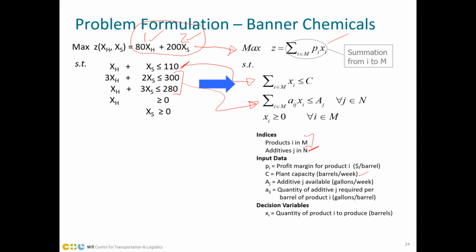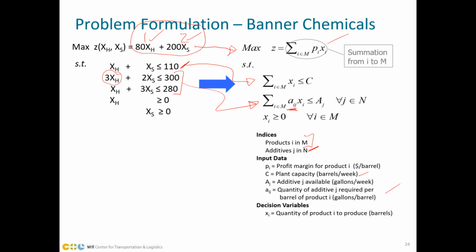So when I say Aij, that's the quantity of additive j required per barrel of product i. If I have A11, that's the number of gallons of additive A I'm putting into the high grade, and that would be equal to 3.